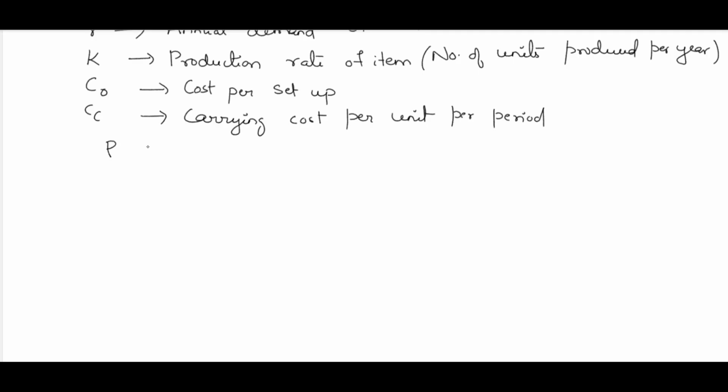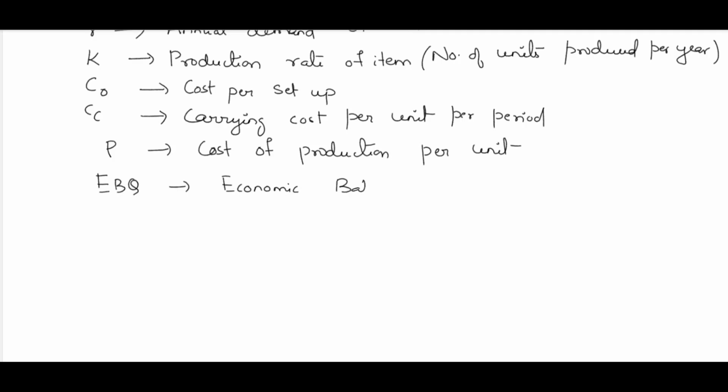Capital P is the cost of production per unit. We have to determine not EOQ but EBQ, economic batch quantity.